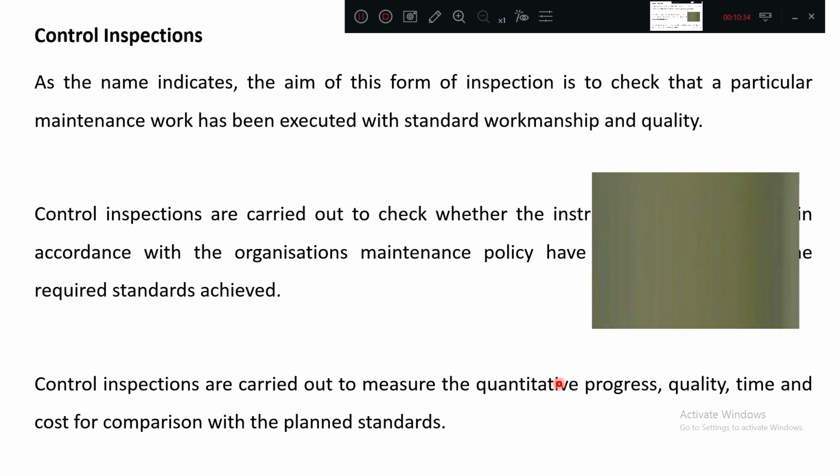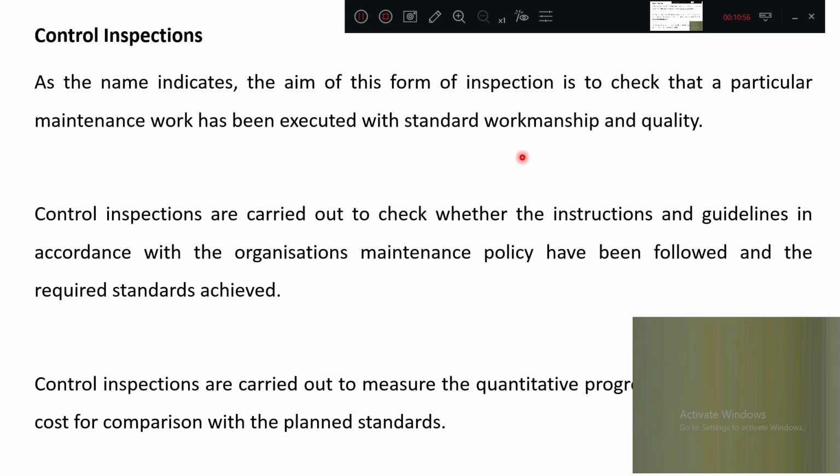So this is done to check today how many meters of plumbing work is replaced, how many bulbs have been replaced, how many tar has been prepared. So to control the quantitative progress and quality and time, 3 hours of work, 5 hours of work. Cost, 200 rupees of work is done. So to check all these things, we have control inspection.